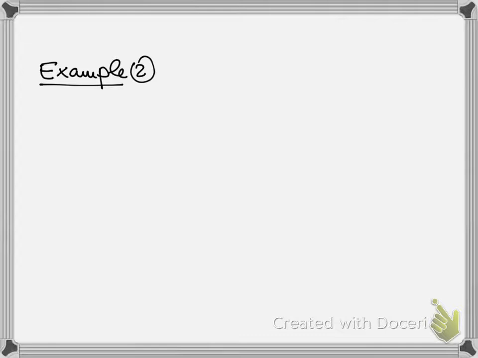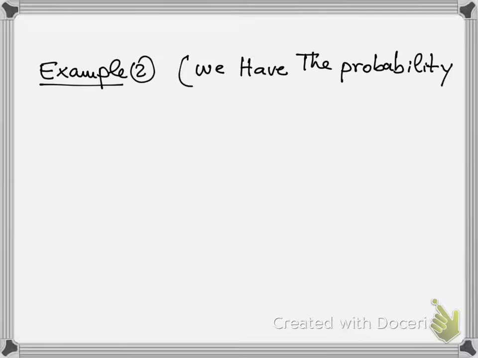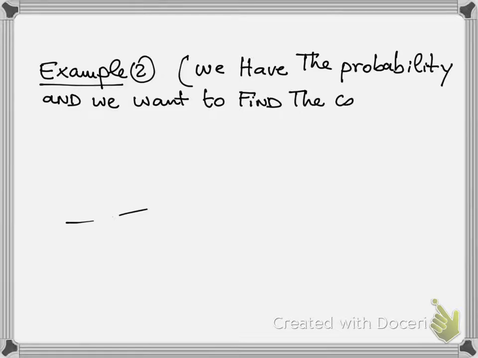In this example, we know the probability, but we need to find the corresponding x. Let's do a numerical example here. So how does it work?